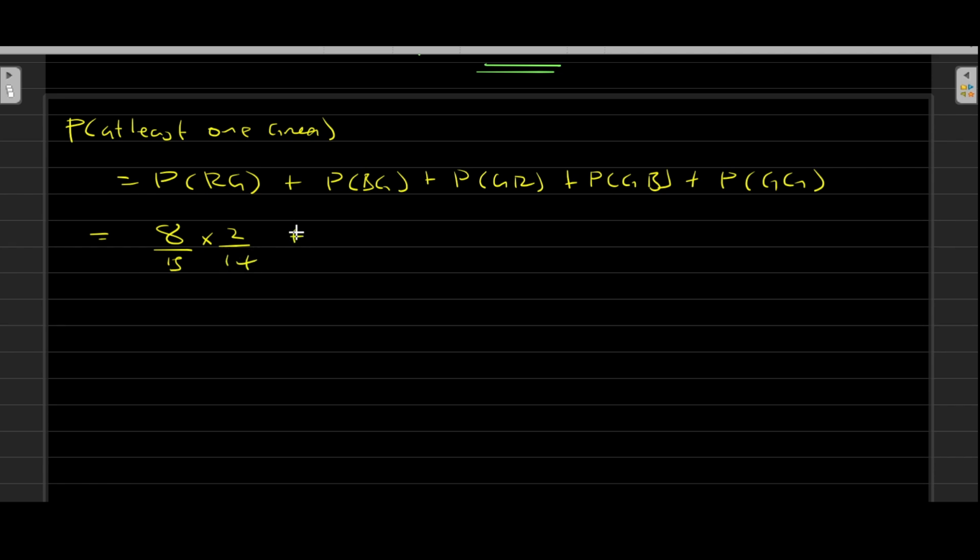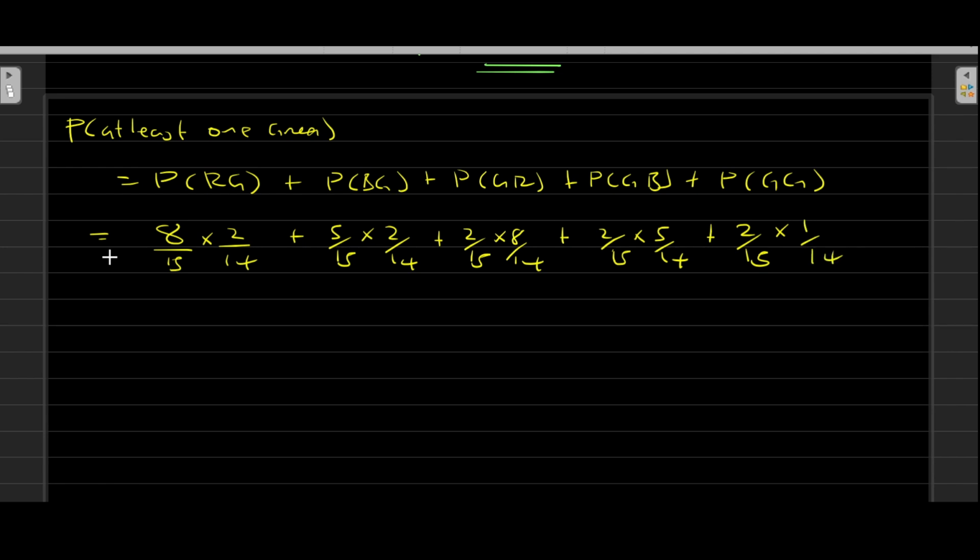And then plus the second one, it's going to give me 5 out of 15 times 2 out of 14, plus then I'll have 2 out of 15 times 8 out of 14, then plus I'll have 2 out of 15 times 5 out of 14, then plus I'll have 2 out of 15 times 1 out of 14.